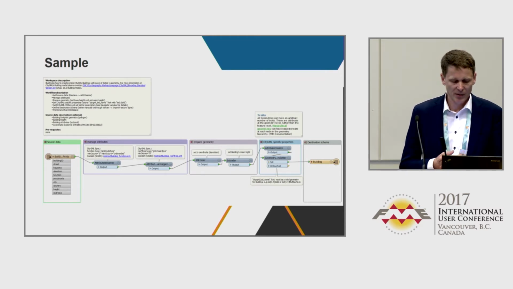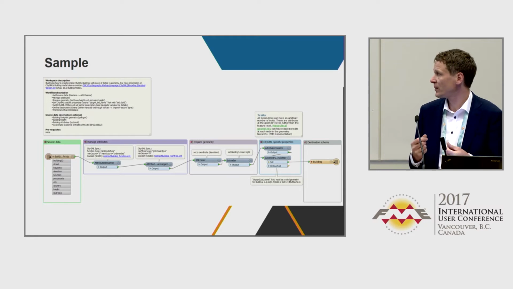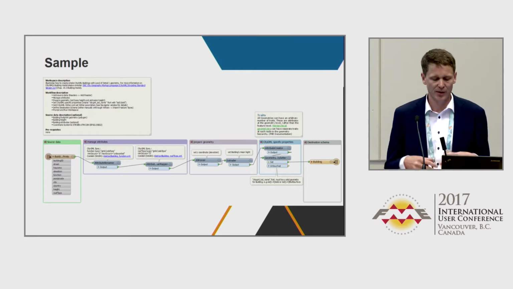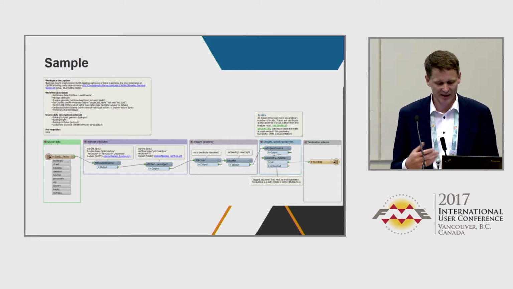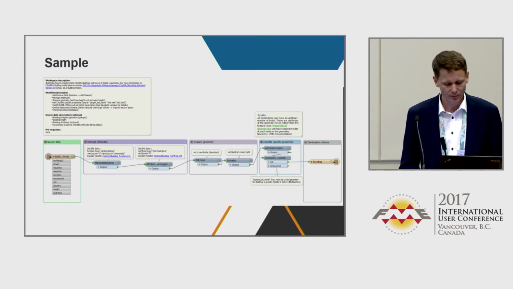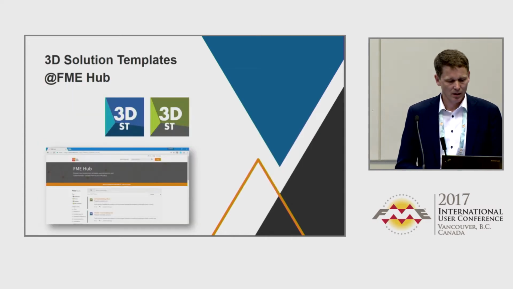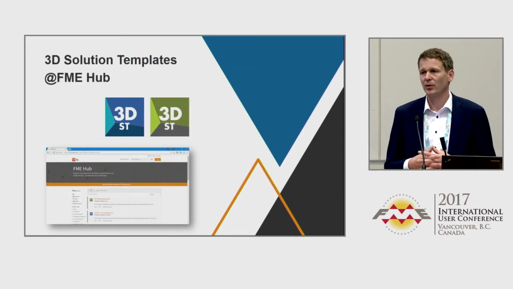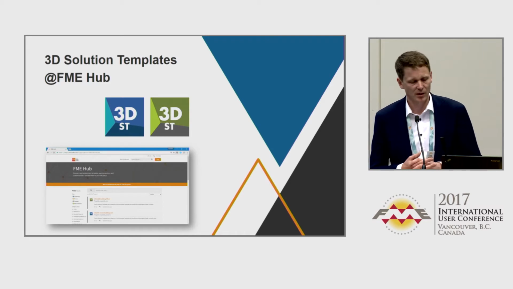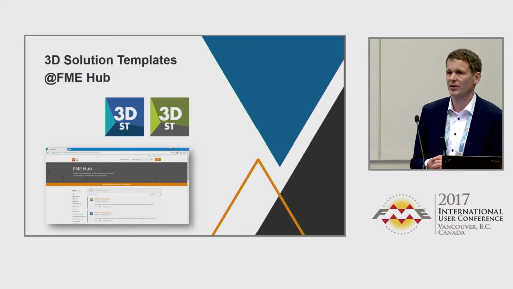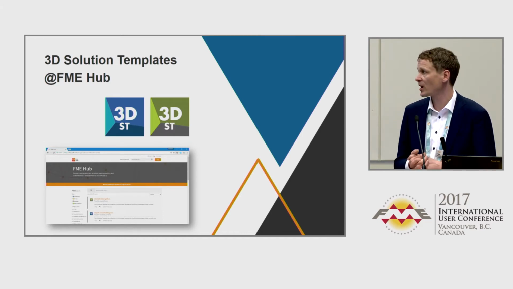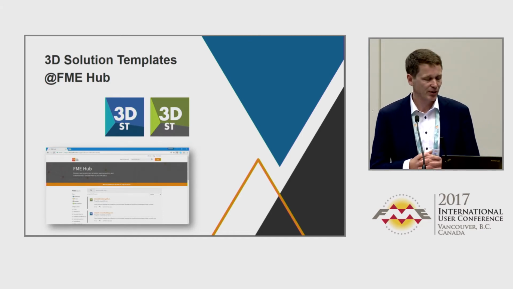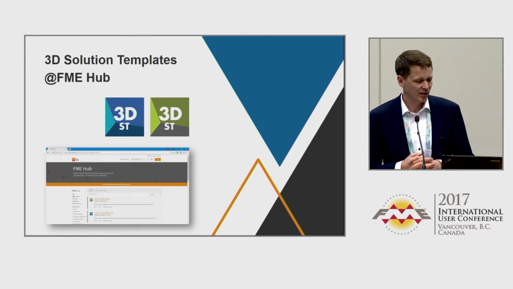Then there are some annotations about what is done by certain transformers so that people really can start understanding the data flow and adapt them to their own needs. And yes, we uploaded them just 3 days ago, I think, to FME Hub. So there are now 15 new workspace templates on FME Hub. And Christian is going to show you some examples from the FME Hub and how to work with them.